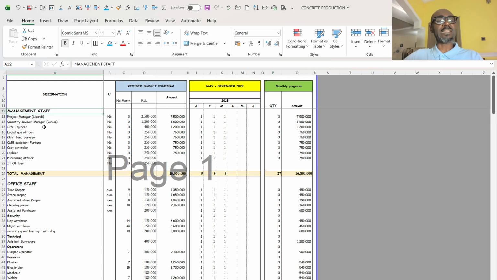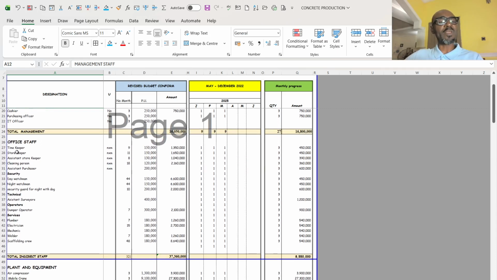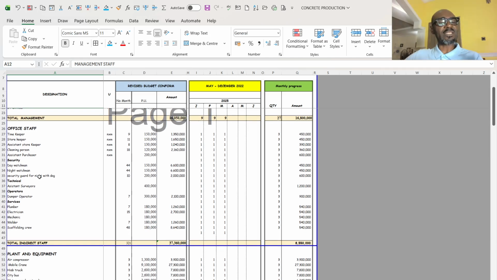you can see I divided into managerial staff, where you have the project manager, quantity surveyor, site engineer, logistic, chief QS, chief land survey, QSE. Then you have the cost controller, the cashier, the purchasing officer, the IT officer. Then down here you have the office staffs, the timekeeper, storekeepers, assistant timekeeper, cleaner, assistant purchasing.